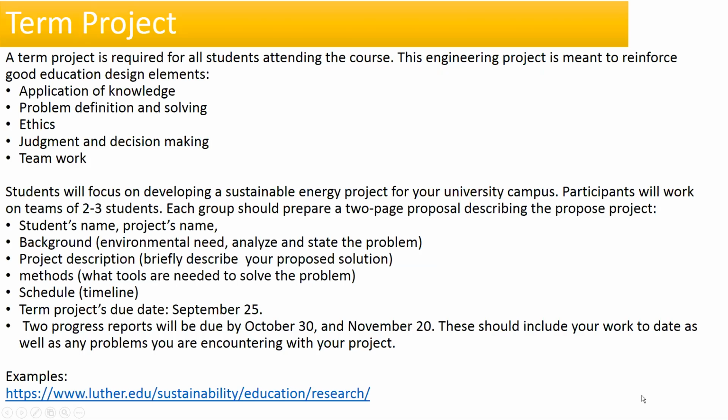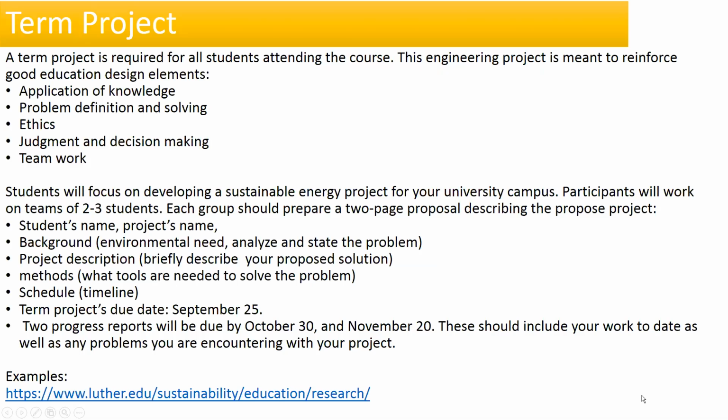So the term project: you have to prepare a 2-page proposal that is due September 25th, so in 4 weeks. In this proposal, I need to know who is going to work in that team, the name of the project, and the background.